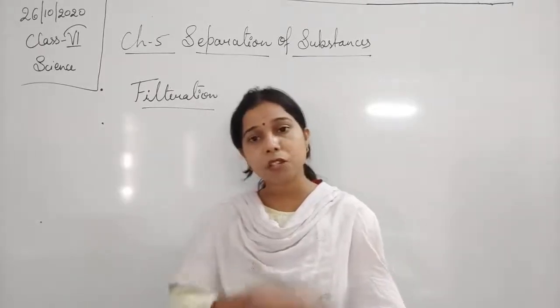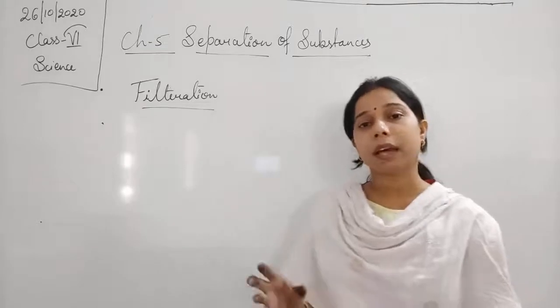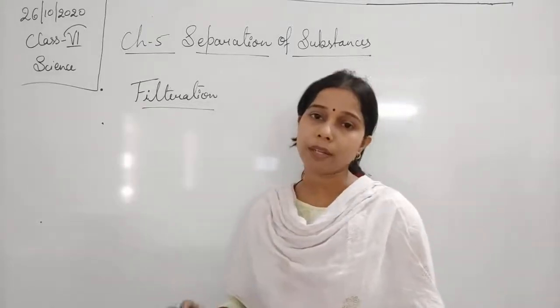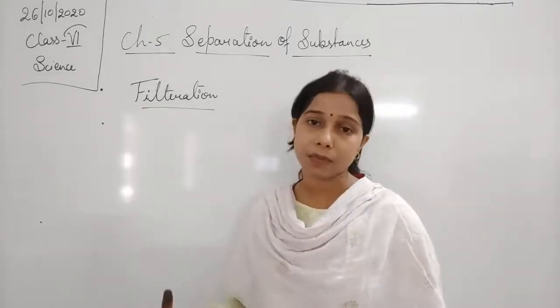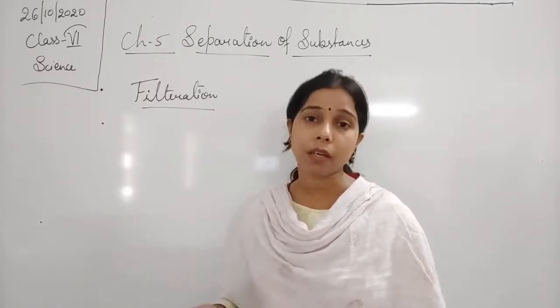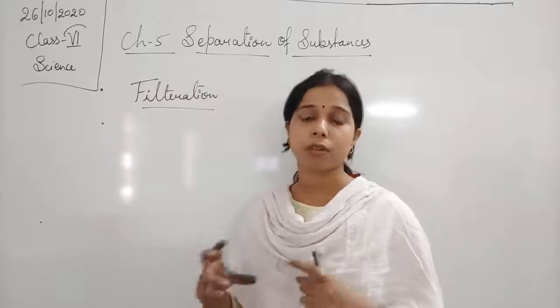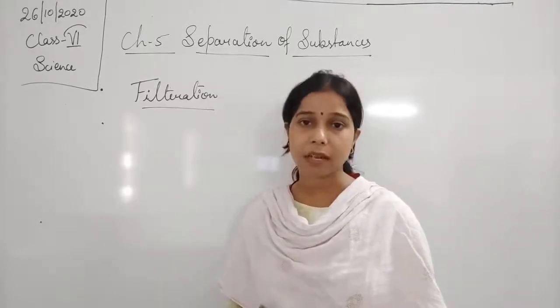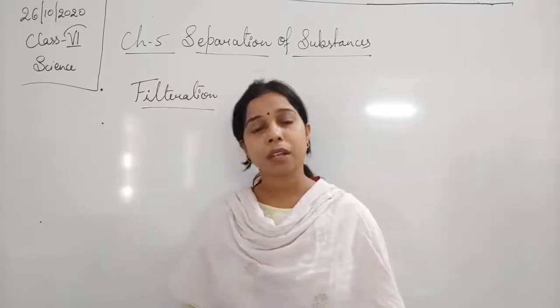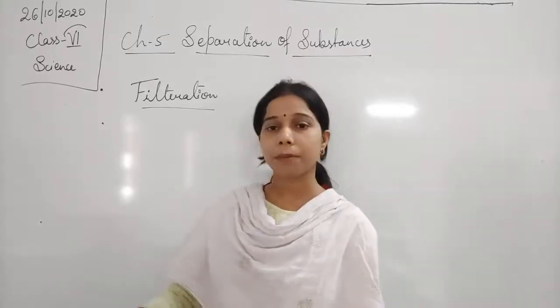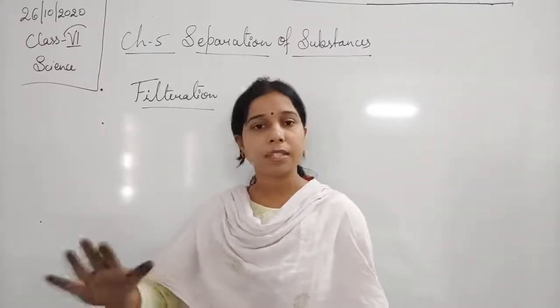So in the sedimentation process, students, we have seen that we take two components and they do not mix with each other. Being heavier, one of the components will settle down, and the other remains at the upper surface, and when you keep it left undisturbed, that process is known as sedimentation.